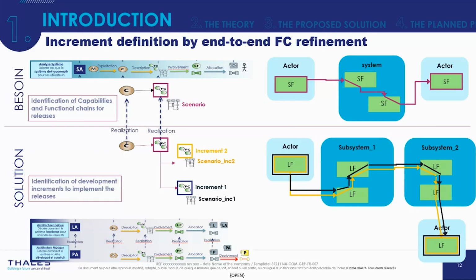But we do not care about real-time aspects. If we lose some images, or if latencies are not so good, it's not an issue for this first increment. And the second increment will enrich the first one by adding these quality attributes, non-functional aspects, with a better robustness of the functional chain to address real-time and latencies. So this is the second way to define it.